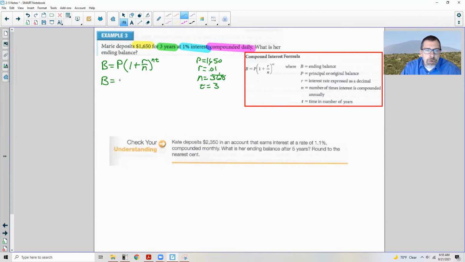Okay. So now when we substitute that in, we're going to get $1,650 times 1 plus our rate as a decimal, which is 0.01, over our N. So really, I shouldn't have that 1 here because it's going to just be the denominator every time. It's going to be 365.